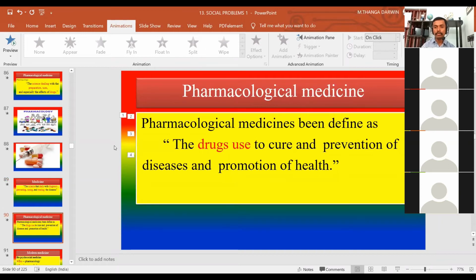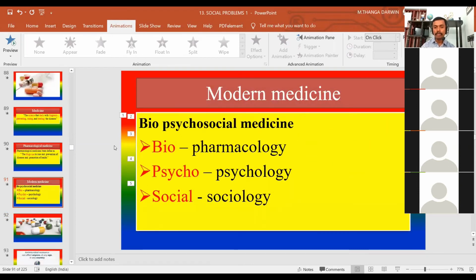Here, in detail, pharmacological medicine is drugs used to prevent, diagnose, and promote health. Then modern medicine, if you look at this detail, is bio, psycho, social medicine.